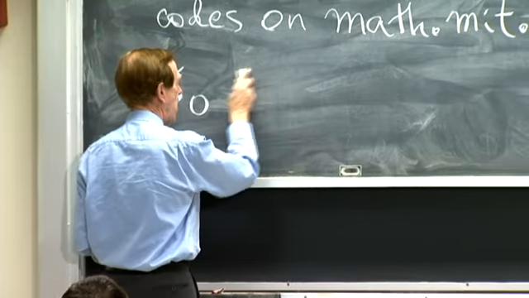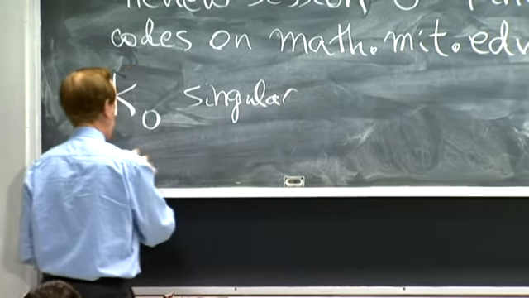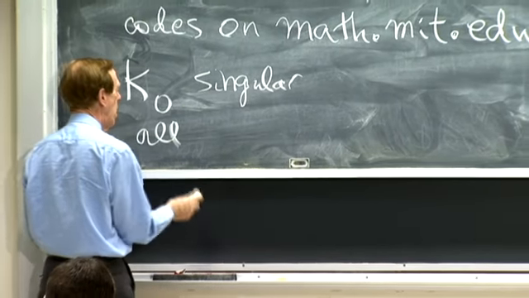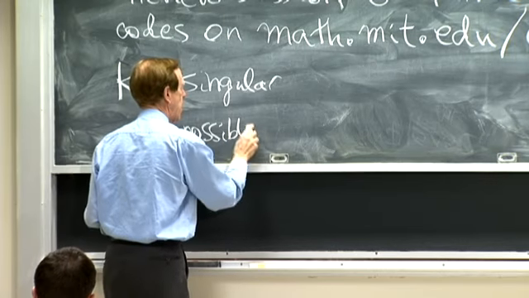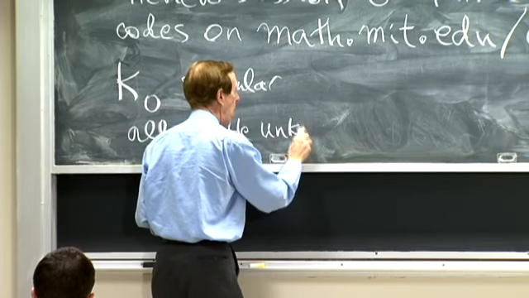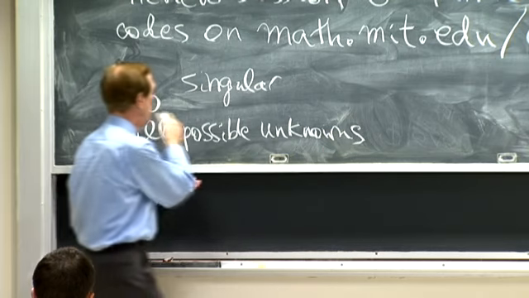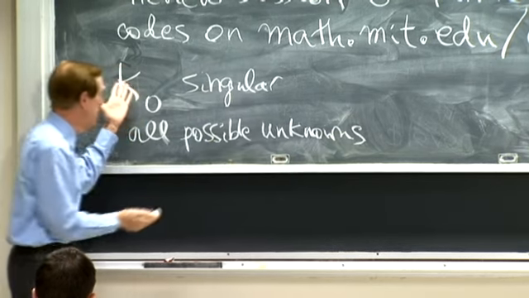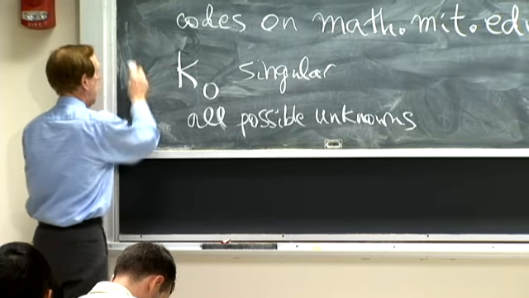It's almost surely singular. It's got all possible unknowns, even those that are not actually unknown, associated with the columns of that matrix. So we start with that.